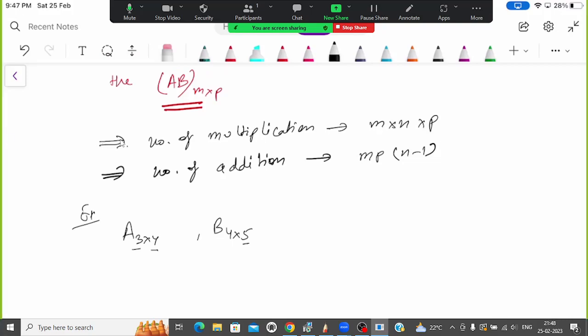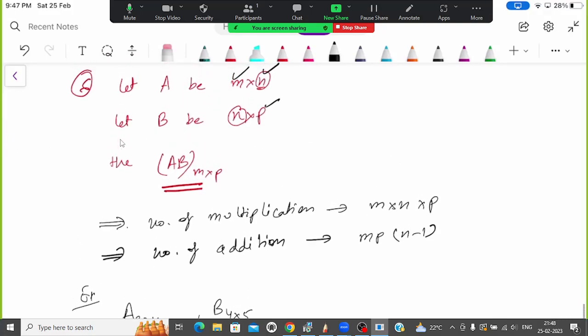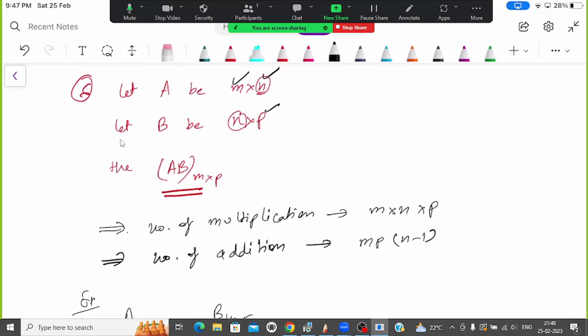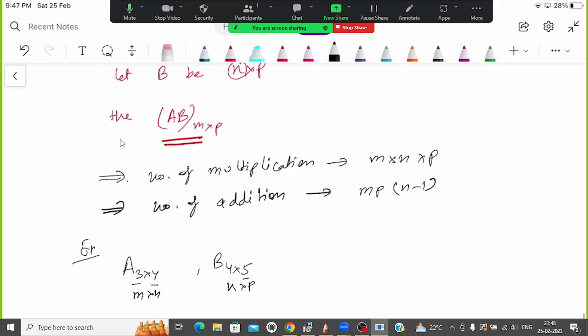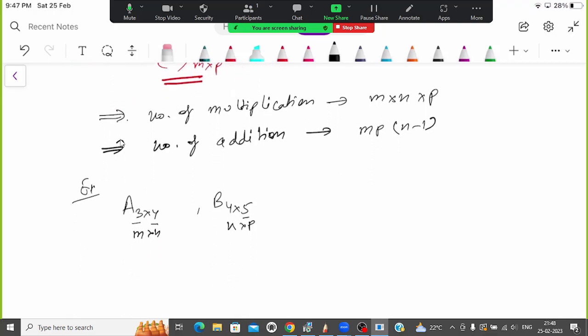So this is similar to this. Suppose this is m into n and this is n into p. The number of multiplications will be m into n into p.